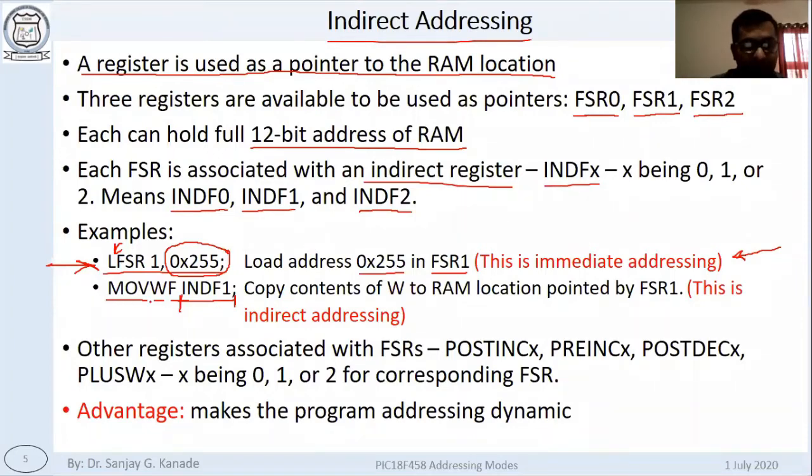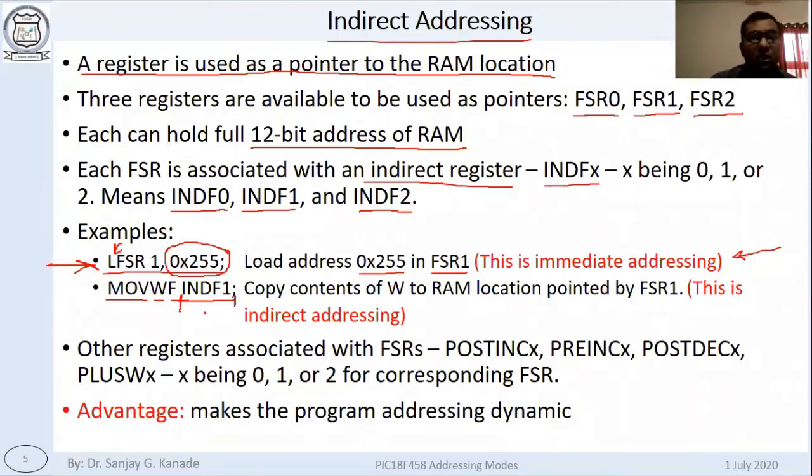Actually, in the instruction MOVWF, it is expected that we give the address of F, but here we have given INDF1. This is a virtual register which indicates that it is not a real register, but it is pointing towards the register whose address is in FSR1. Remember this line, please concentrate: INDF indicates the location pointed to by FSR1.